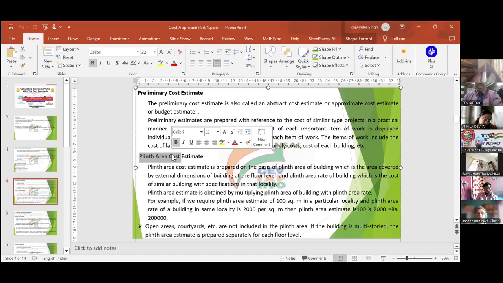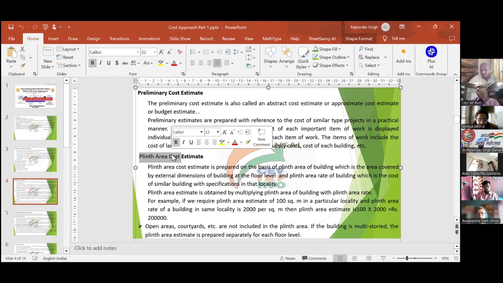But the problem is that in most cases, when there is a variation of height compared to the values given in the schedule of rates for a particular height, then the problem arises.